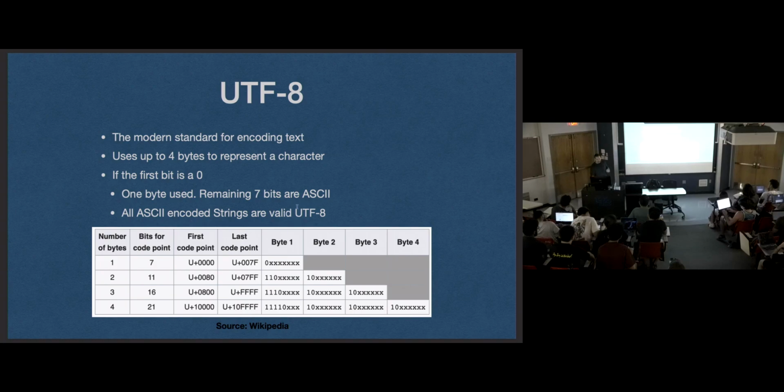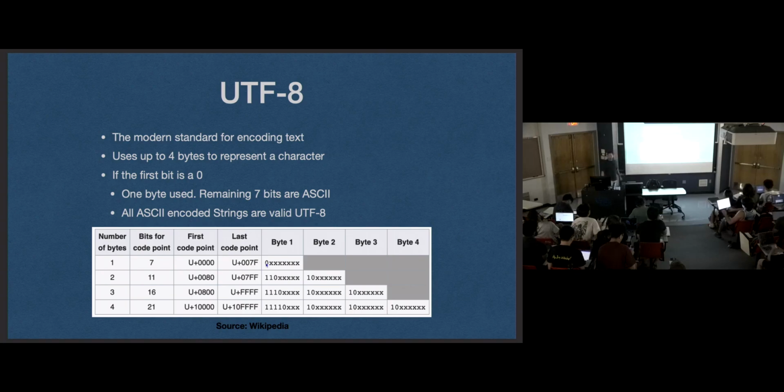And the real beauty of UTF-8 is the way it's encoded: if the first byte of a character starts with a 0, the next 7 bits are exactly ASCII, meaning every single ASCII character is a valid UTF-8 character. So it's completely backwards compatible with ASCII. So we can just use UTF-8, and if the headers happen to be ASCII only, it still works with our UTF-8 decoders. So perfectly fine there.